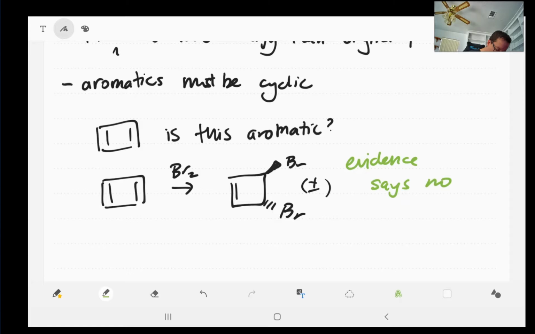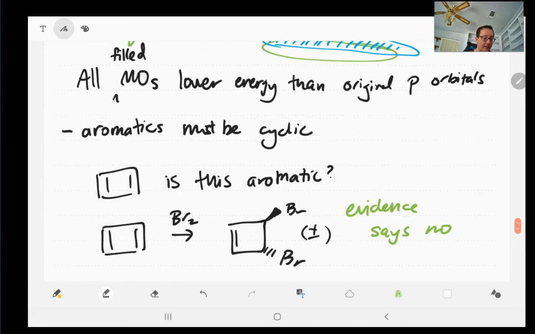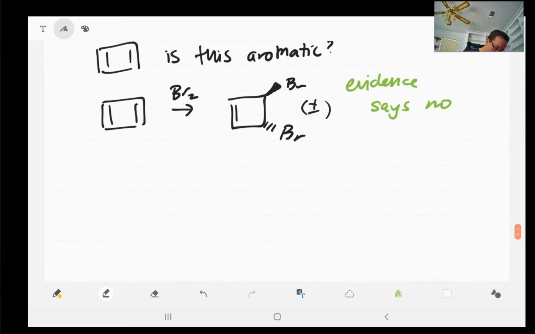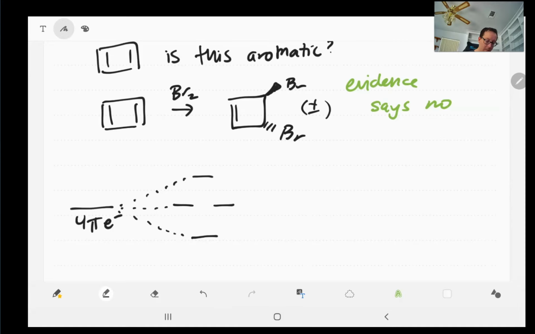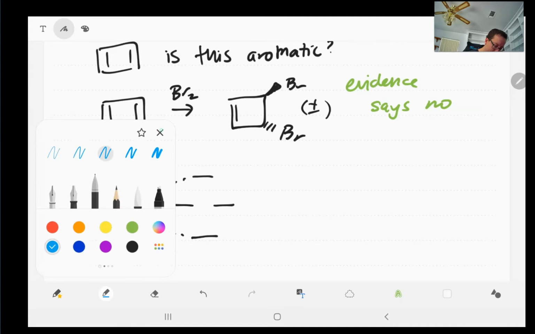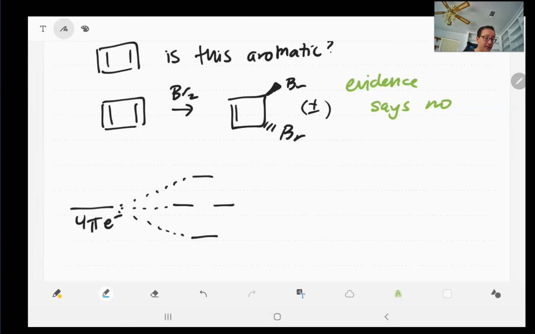The reason for this is the molecular orbitals are not going to be all lower energy with this particular molecule. If we've got 4 pi electrons, we're going to see the molecular orbitals that it makes, again, have that one degeneracy because of the symmetry of the molecule. You don't need to know that, by the way. I'm totally cool if you're like, oh, we have 6 things, 2 of them are degenerate. Don't worry about it.